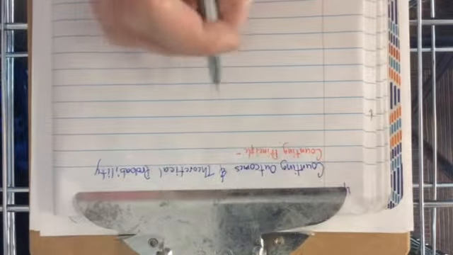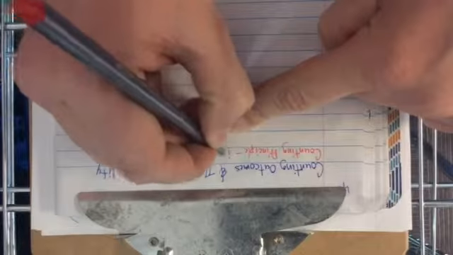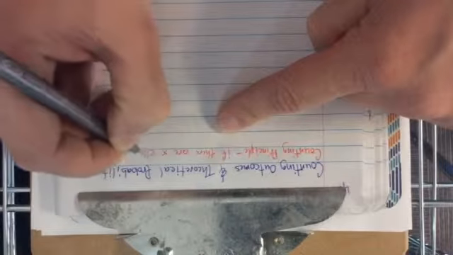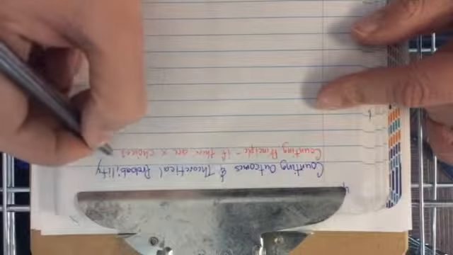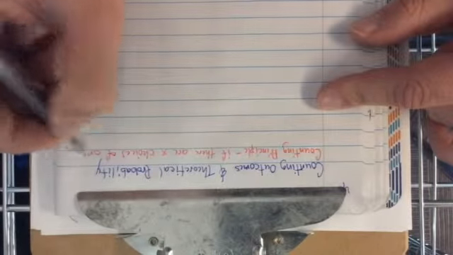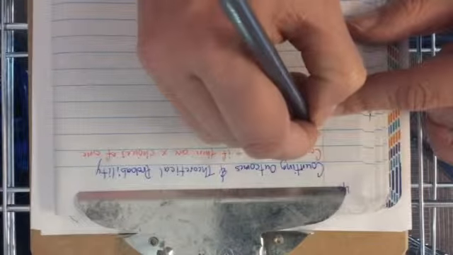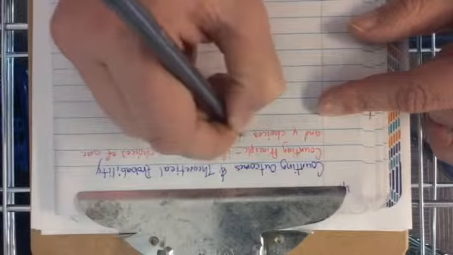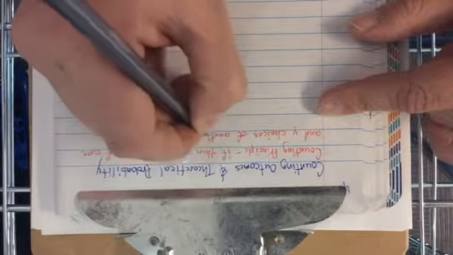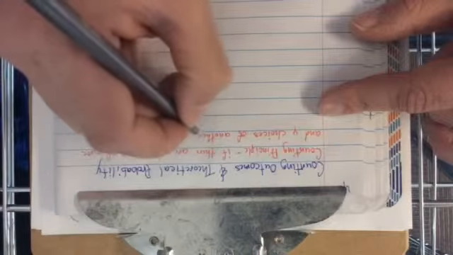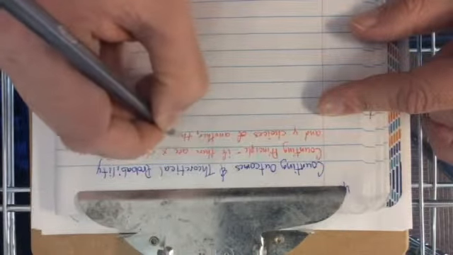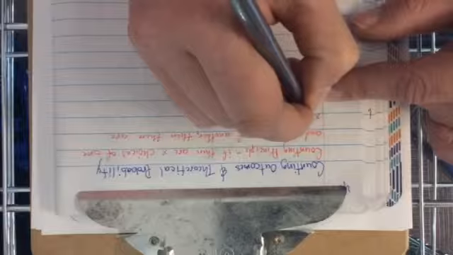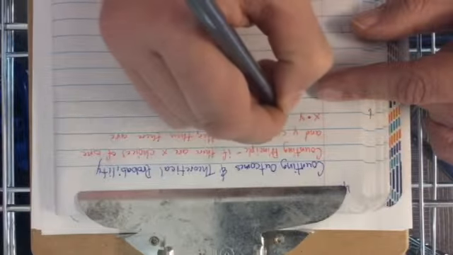So if there are X choices of one and Y choices of another, then there are X times Y choices.